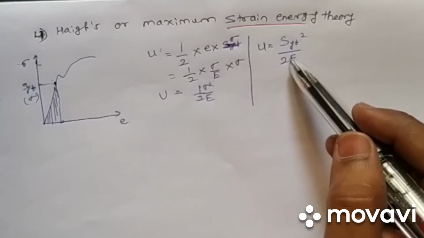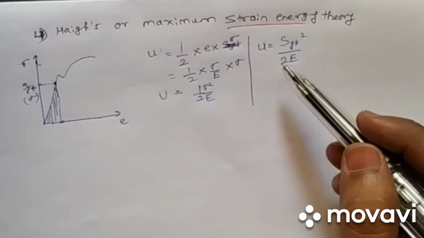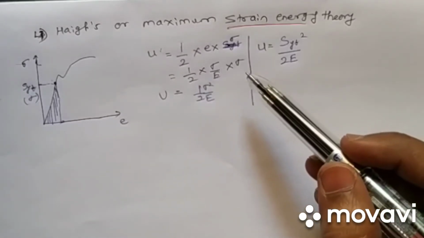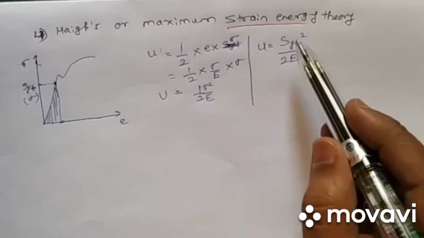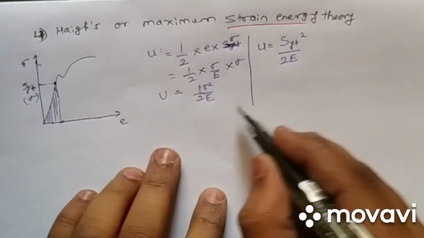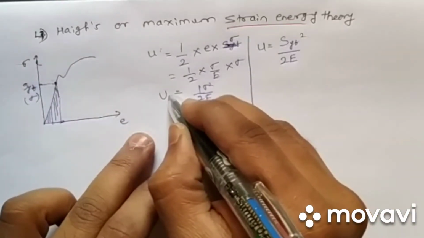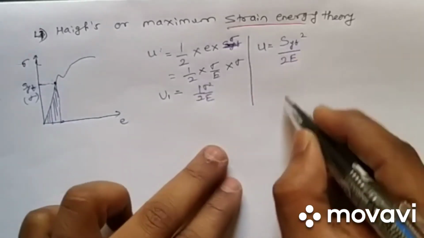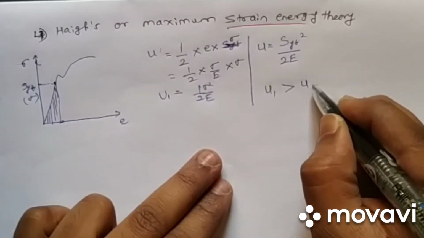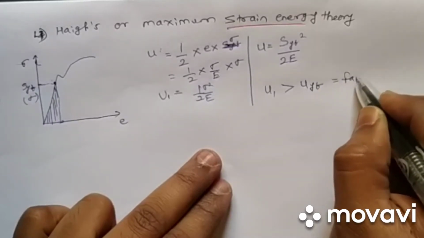So what this theory tells is that if the maximum strain energy induced in the body, let's consider it as U1, is greater than the strain energy at yield point U, then the material is going to fail.